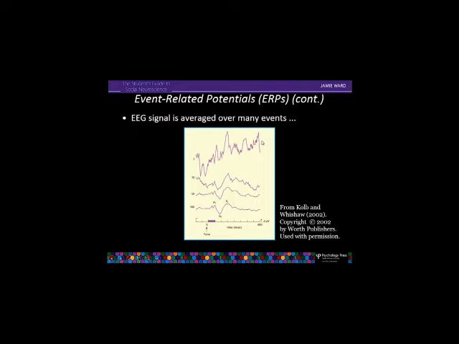So what you can do is show a face several times, or different faces, and average them together. The idea is that all this background chirping of neurons will effectively cancel each other out the more trials you give to a person.